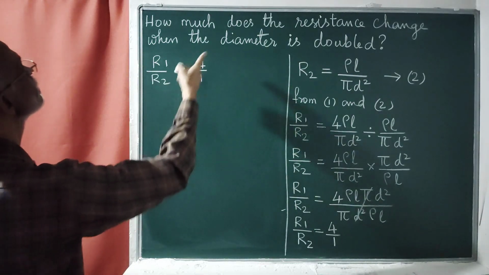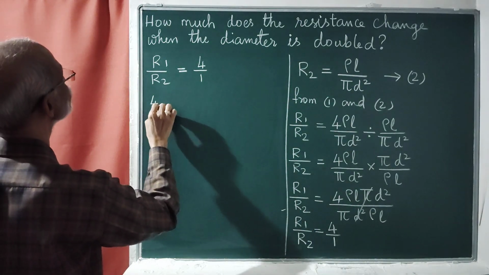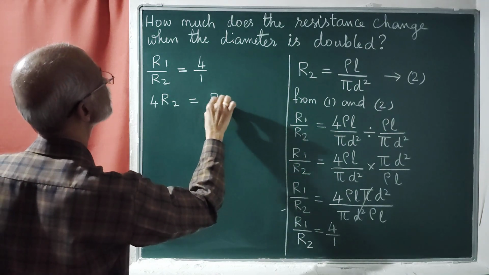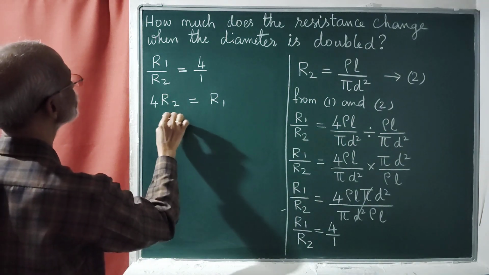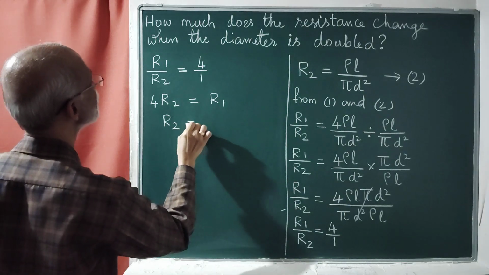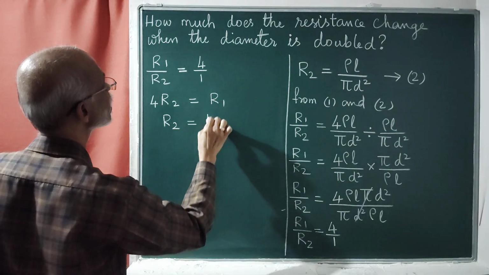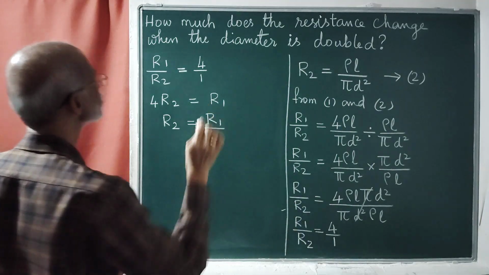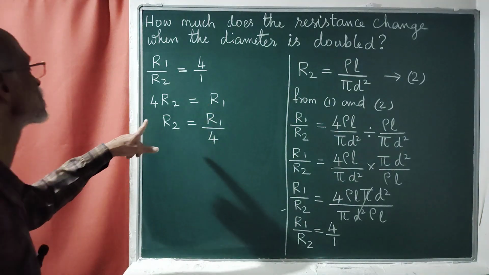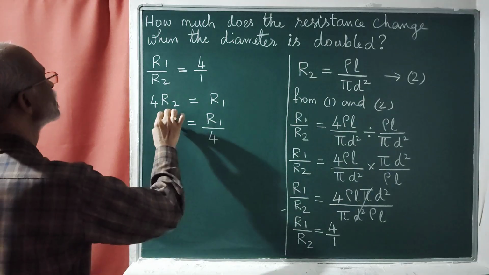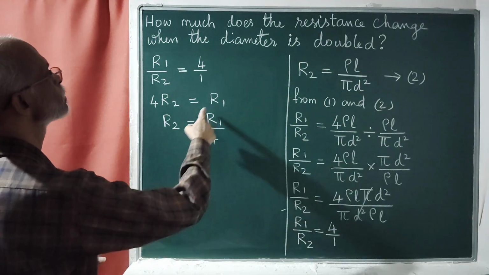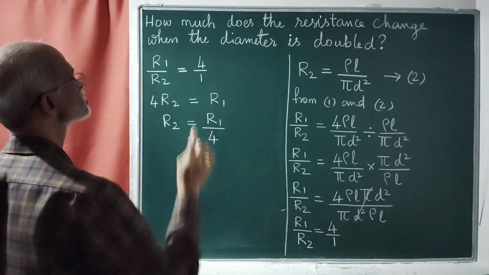So when you cross multiply, 4R2 is equal to R1. So R2 equal to R1 by 4. You can see here the new resistance has become 1/4 of the previous resistance.